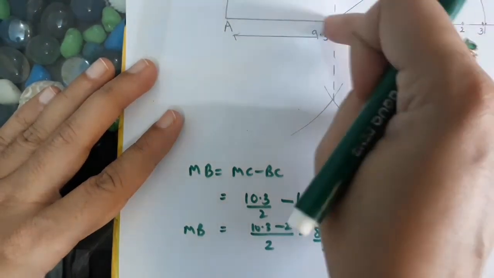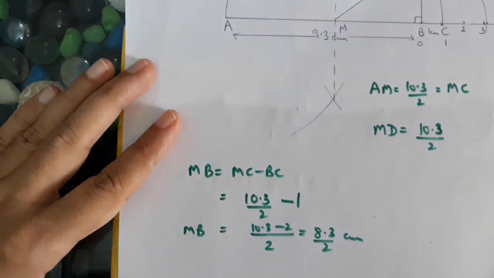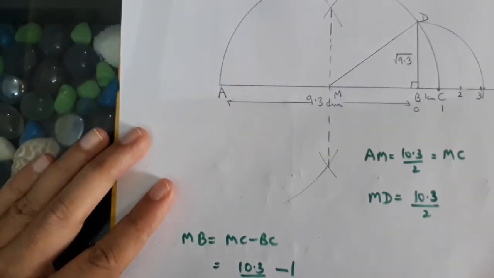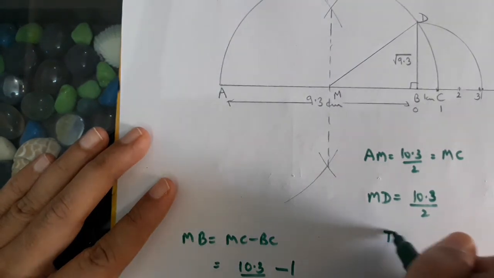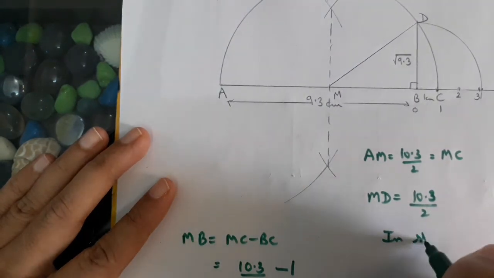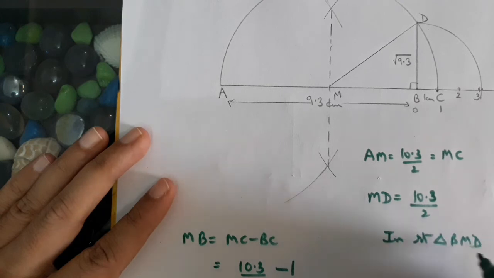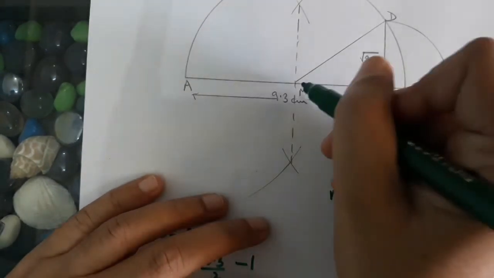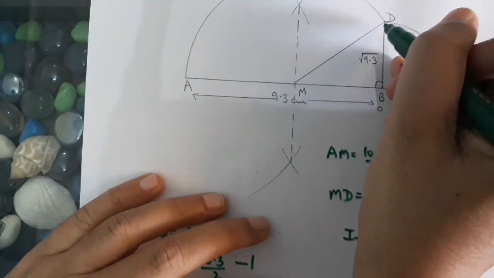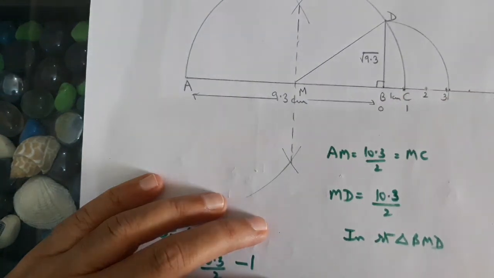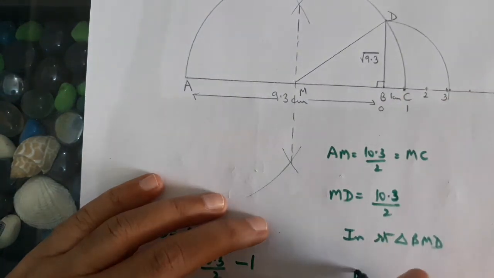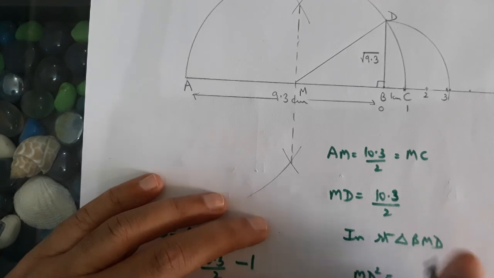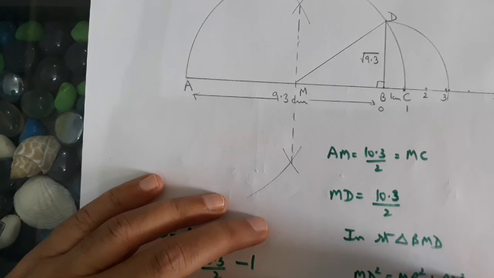So we can apply Pythagoras theorem in right triangle BMD. In right triangle BMD, we know by Pythagoras theorem that hypotenuse square is equal to perpendicular square plus base square. So over here MD is the hypotenuse, so MD square is equal to MB square plus BD square.